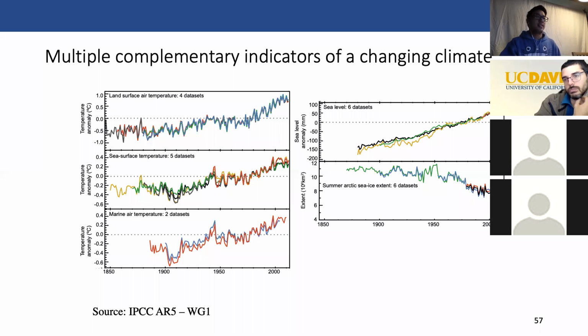And so sea ice has decreased quite drastically over the last half century or so. And as a result, the sea level has been pretty continuously increasing.